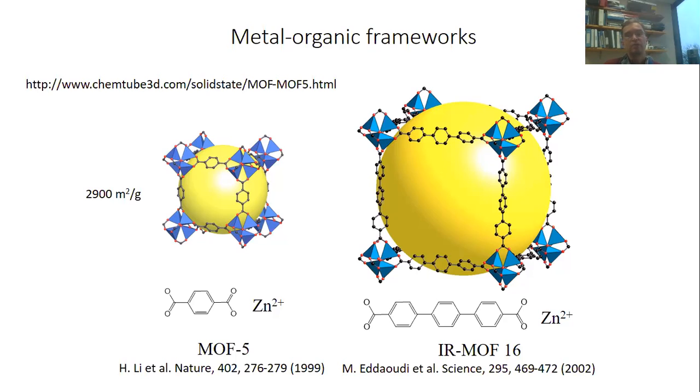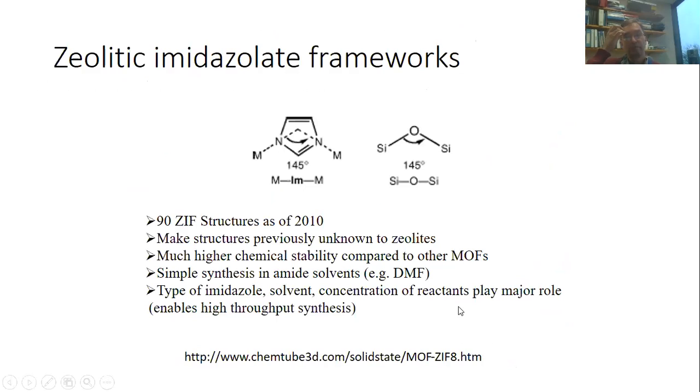So the first metal organic frameworks that were developed were mostly carboxylates, had carboxylate linkers, but there are also other linkers that can be used. So one important class of metal organic frameworks are the so-called zeolitic imidazolate frameworks.